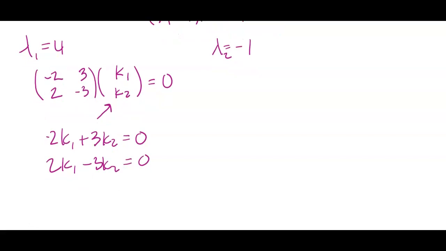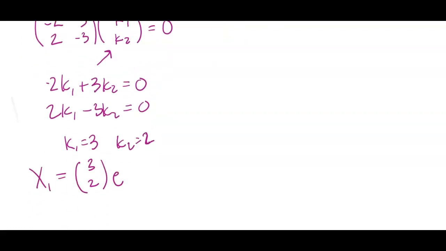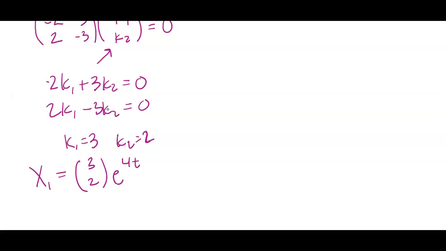That's only the case if, because they have opposite signs, k1 is 3 and k2 is 2. So my first solution must be 3, 2, e to the 4t.